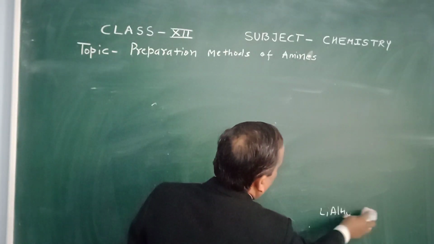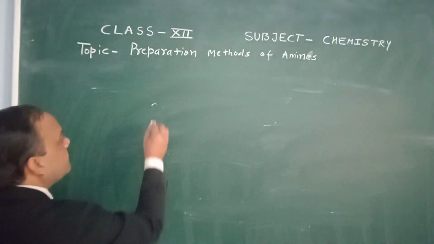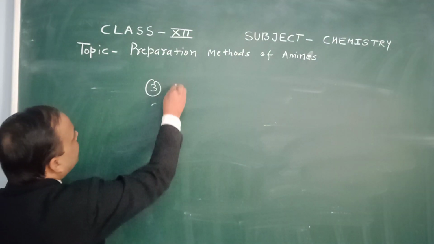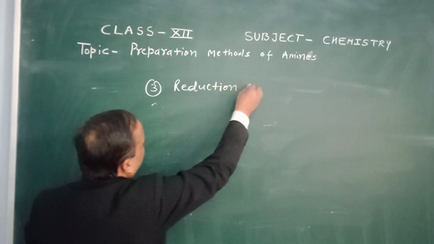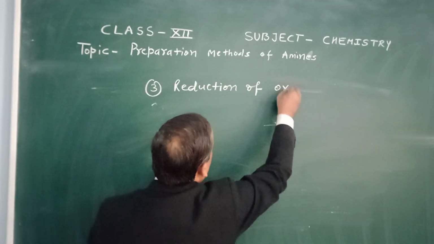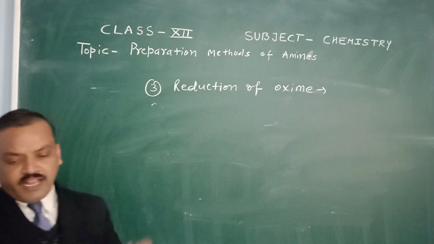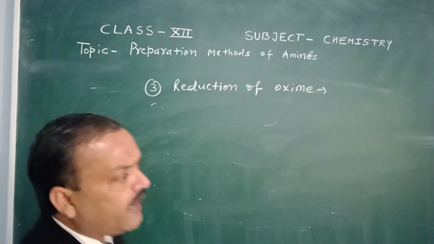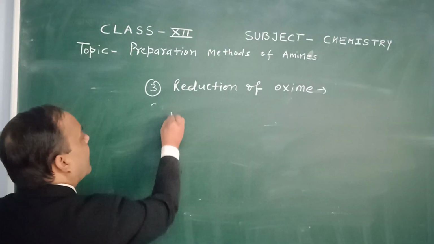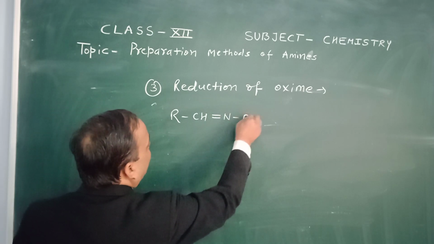First of all, we need to know what an oxime is. Oxime means a compound where an NOH group is present, RCH double bond NOH.